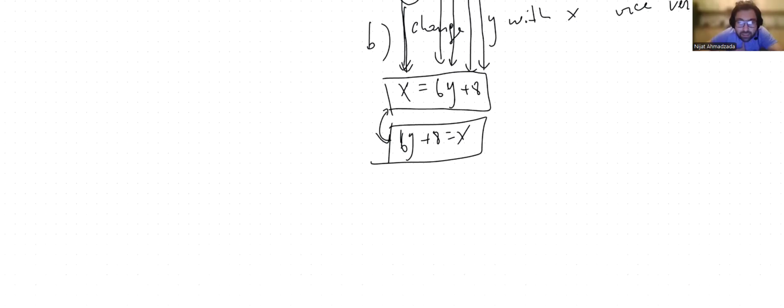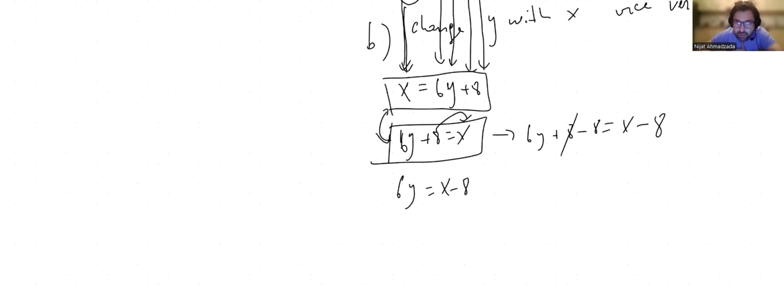Now 6y is equal to x minus 8, because I'm just putting the 8 on the other side. Or you can think of it as 6y plus 8 minus 8 equals x minus 8, and plus 8 minus 8 cancel out. Then 6y equals x minus 8. These two are the same, as you can see. Then what is y equal to?